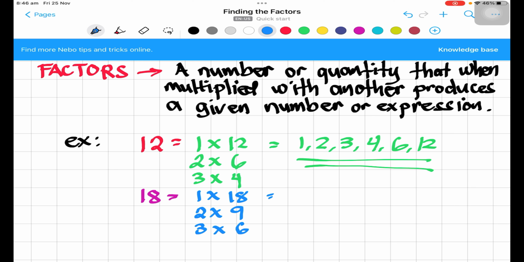If you arrange them from the smallest to the biggest, you get 1, 2, 3, 6, 9, and 18. So these numbers are the factors of 18.